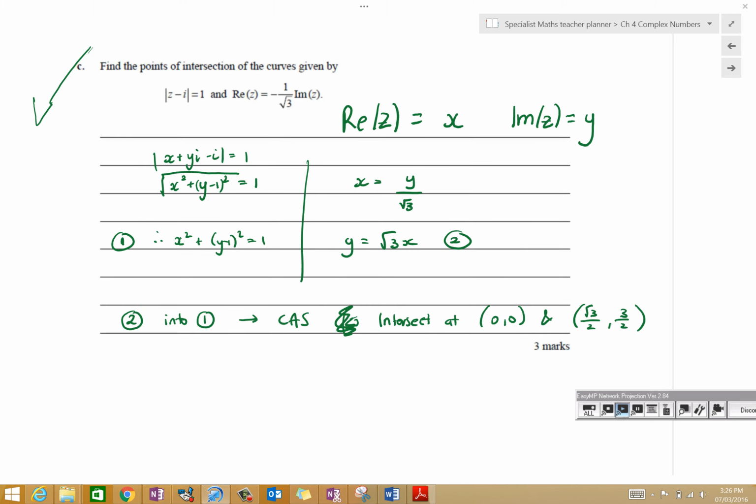All right, hands up if you got that answer. 0, 0, and root 3 on 2, 3 on 2. I dropped the negative off. Okay. Yeah, that helps.